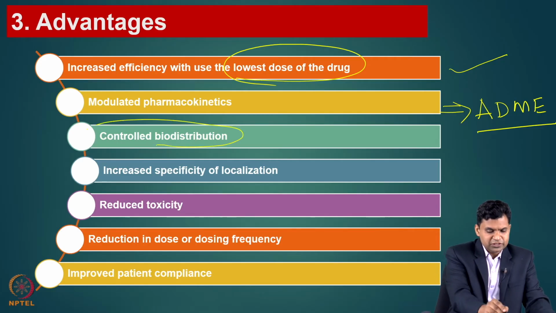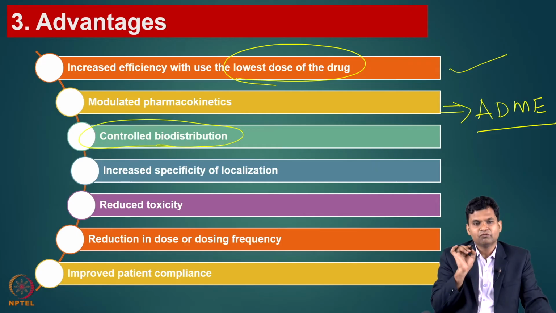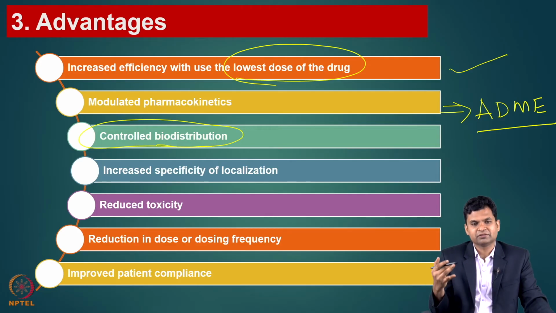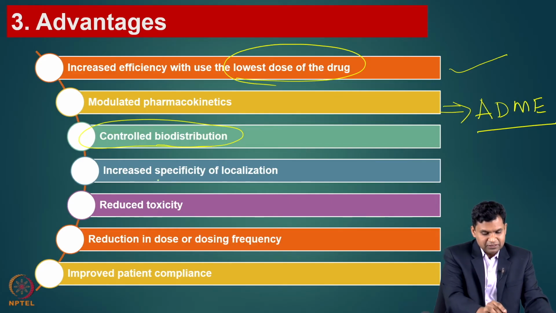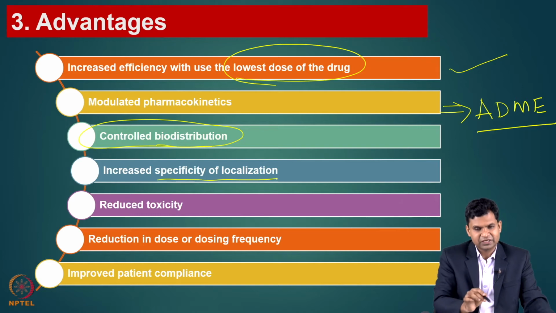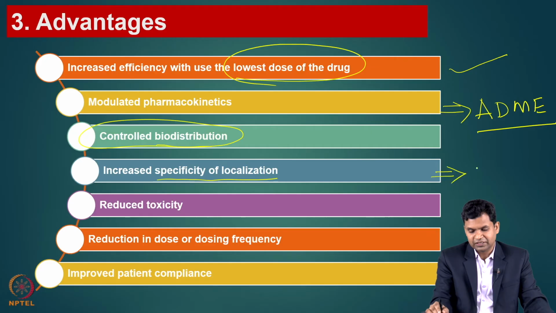Controlled biodistribution is also possible, because we are targeting a particular site based on the time interval, the pH, and the tumor microenvironment. We can maintain controlled biodistribution with targeted delivery systems. And yes, it increases the specificity of localization, which is possible only with targeted delivery.